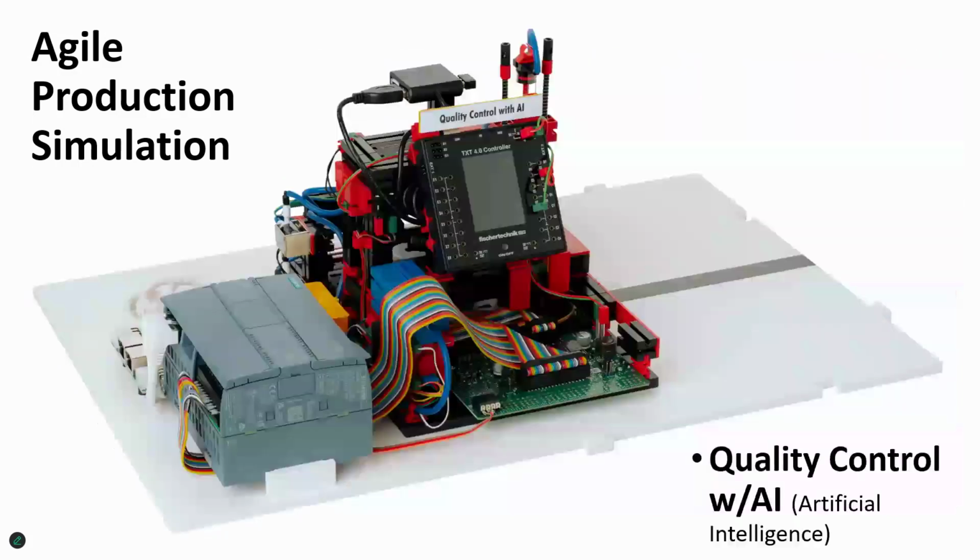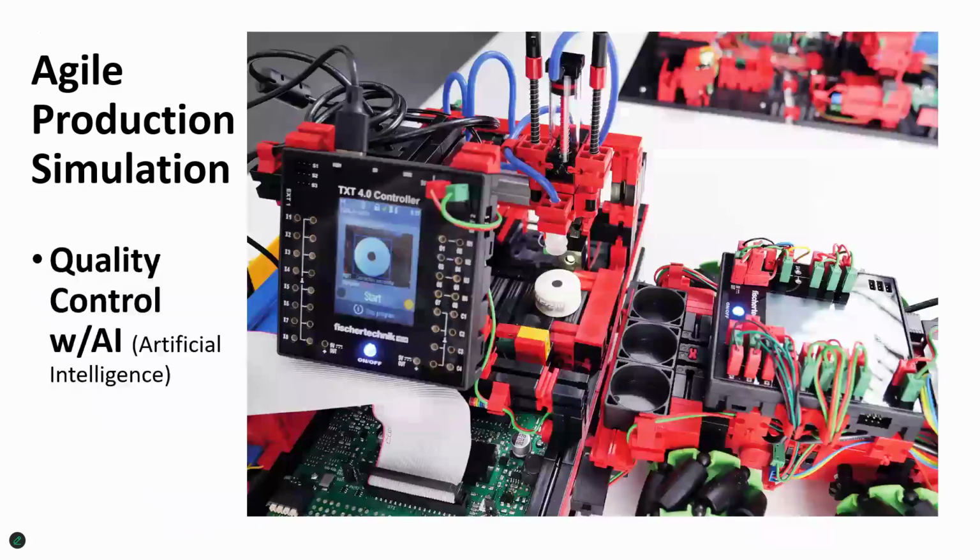Next up is the quality control with AI module. Now, in the quality control module, a vacuum gripper, again, places the workpiece on a conveyor belt from the AGV, and it is then transported underneath the camera and it's scanned. The workpieces, which come in 3 different colors, red, white, and blue, also have 3 machining features printed on there.